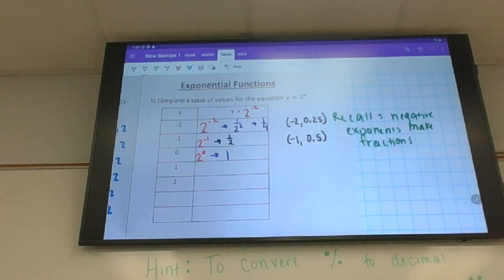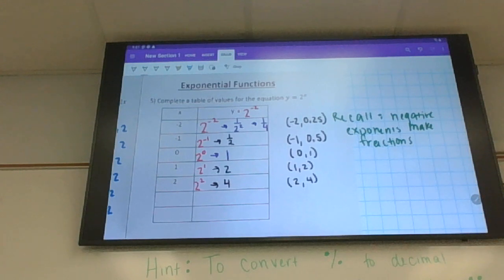It's going to be 1. Now these next two are old news: 2 squared is 4, it's always been 4. 2 to the first is 2, so our next ordered pair is 1, 2. And 2 squared is 4, so now we're at 2, 4.